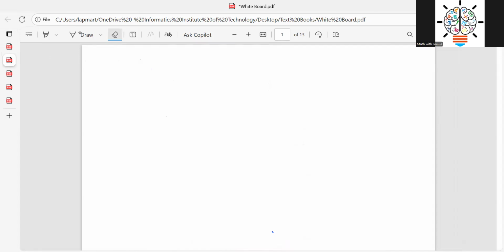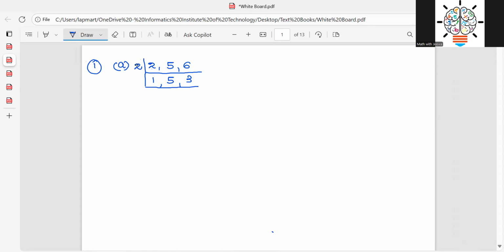The first question: I want to find the LCM of 2, 5, and 6, right? I divide by 2. So then 1, 5, 3. Why did I write 5 as it is? Because 5 is not divisible, therefore you can write it as it is.